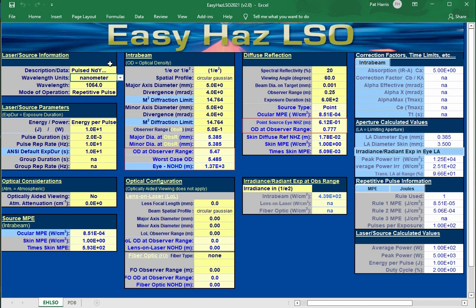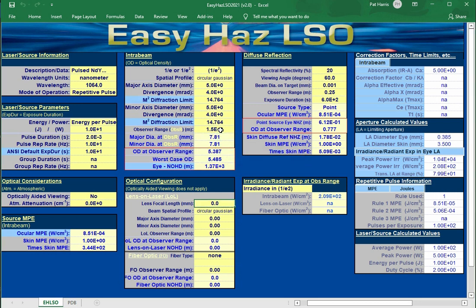Oh, one last thing. Let's say I was going to do some work on this laser. I wanted to set up a temporary class 4 control area. I need a barrier, so I'm going to set my barrier distance at 1.5 meters.